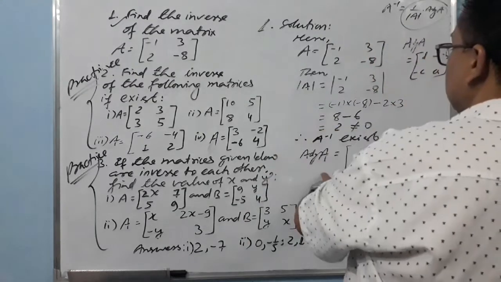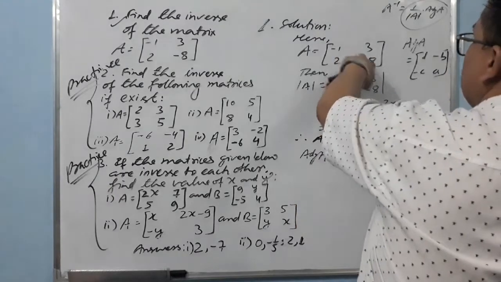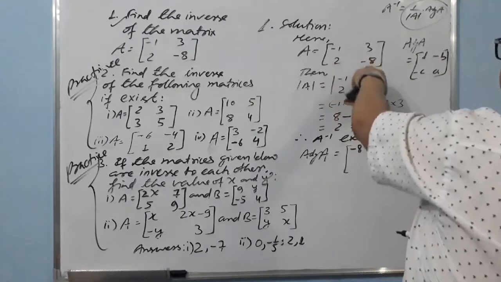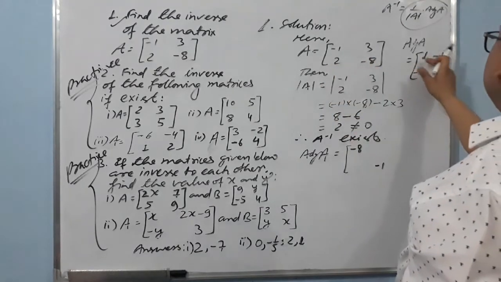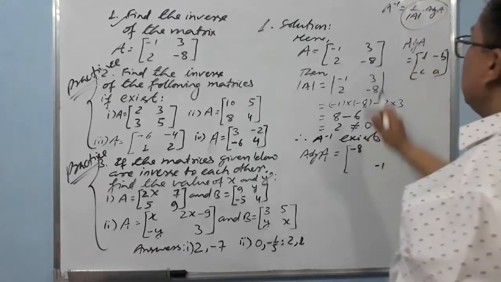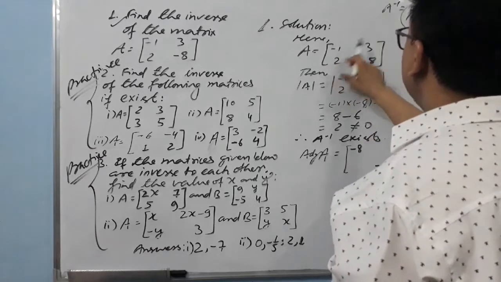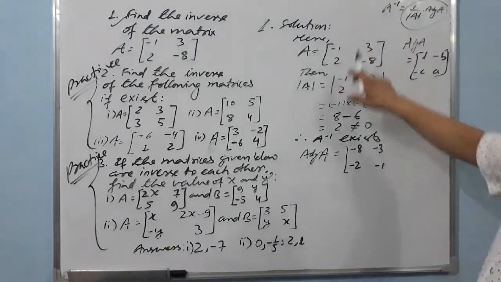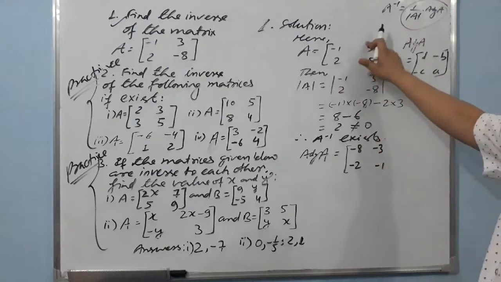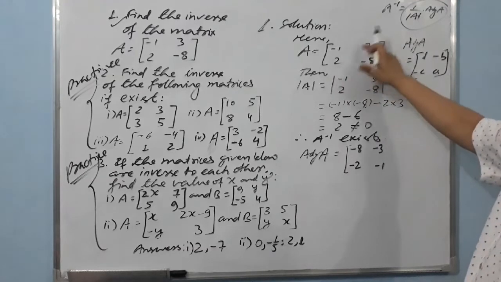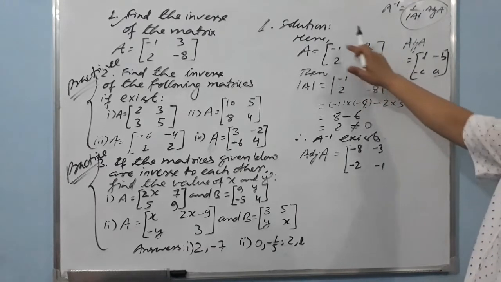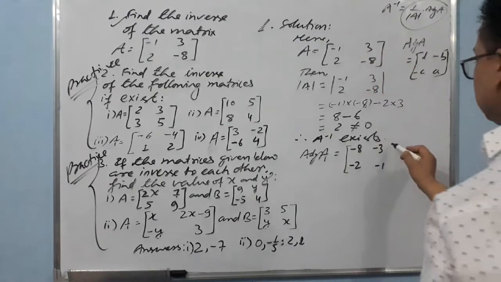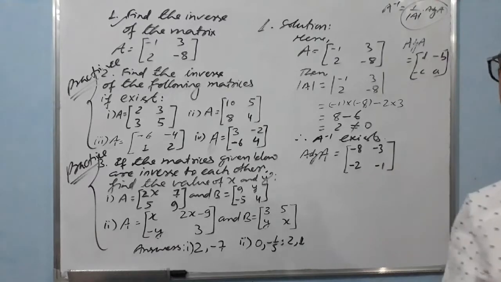To find the adjoint of A, interchange the positions of the main diagonal elements: A will take the place of D, and D will take the place of A. Then just change the sign of the secondary diagonal elements, so positive becomes negative. This will be your adjoint of A.